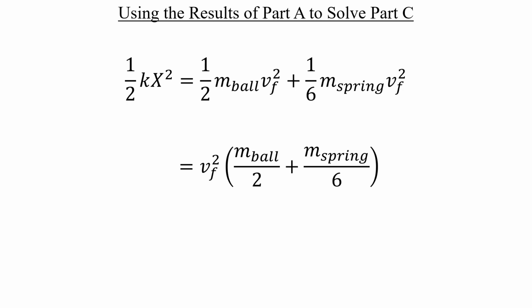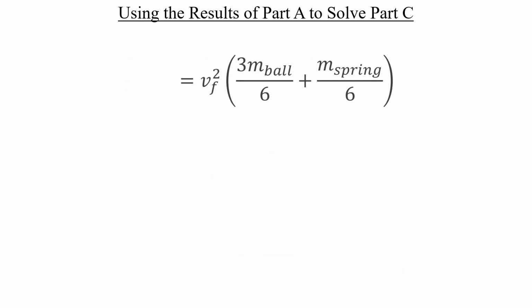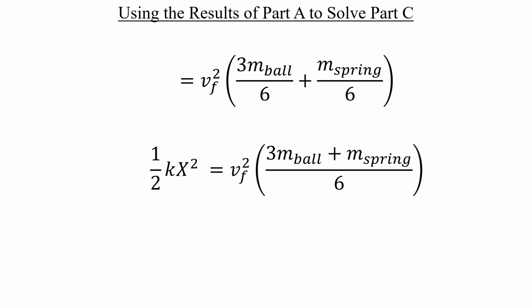So let's multiply the mass of the ball by a special form of 1. So when we incorporate that, the denominator will also be 6. There's no reason to keep these fractions separate anymore now that they have the same denominator, so let's join them together and bring the full equation back into the picture.